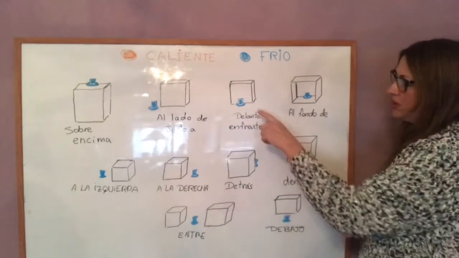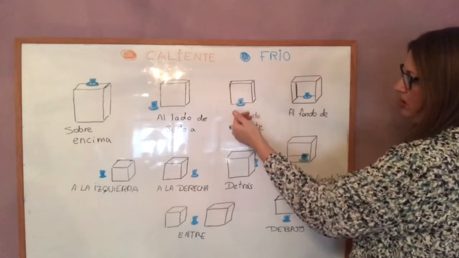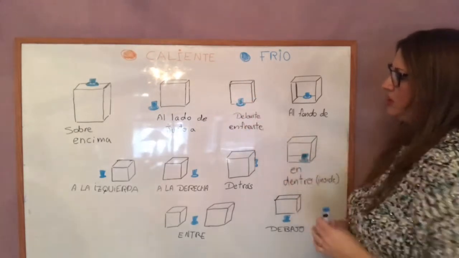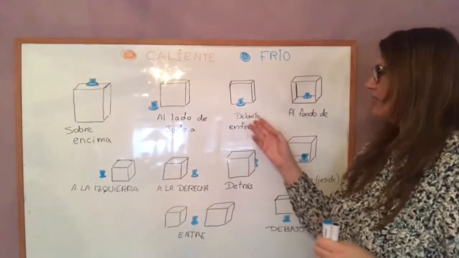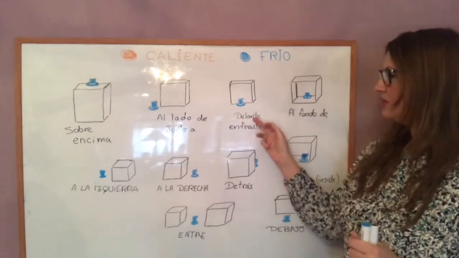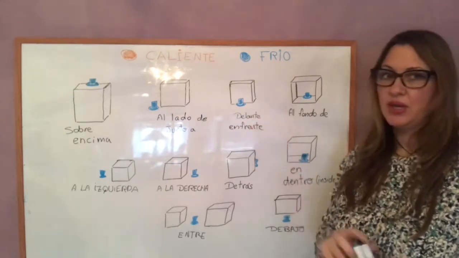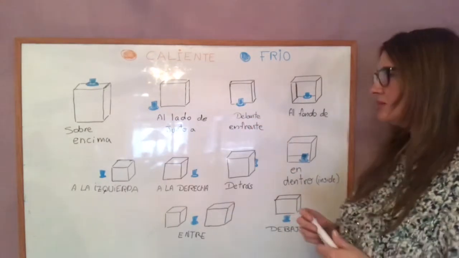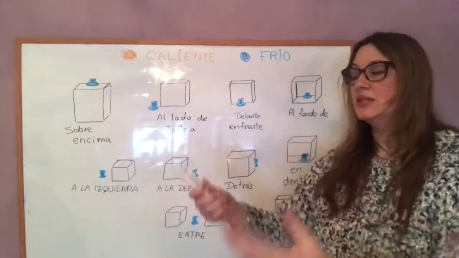Next one. The hat is in front of the cube. So this one, you can either say delante or enfrente. However, delante, we can say that we are delante.